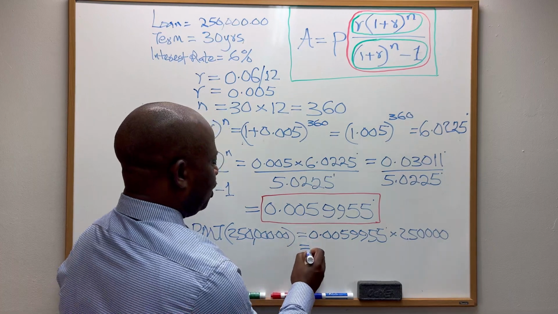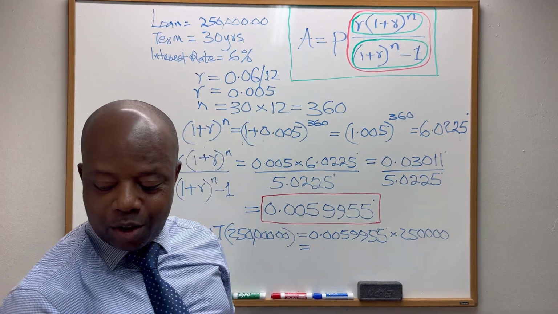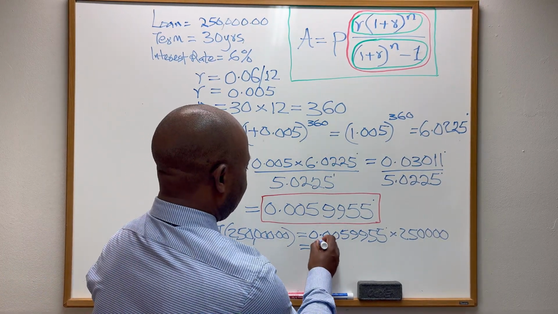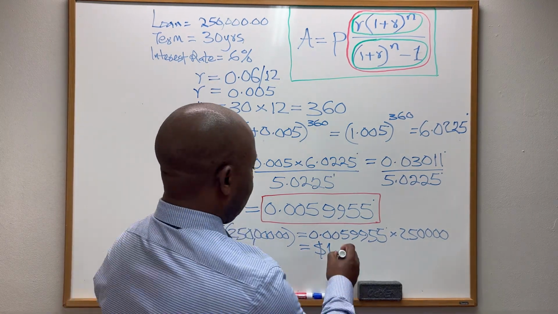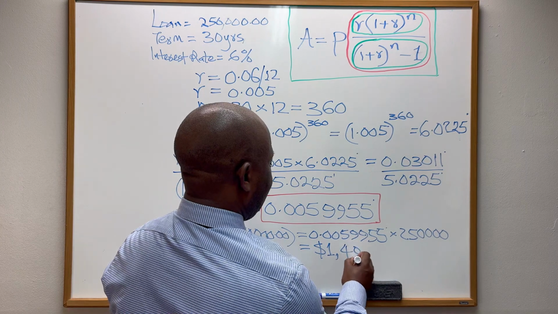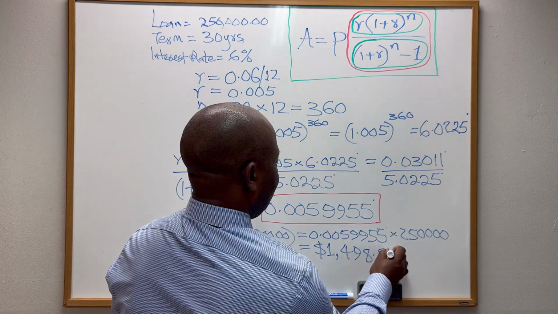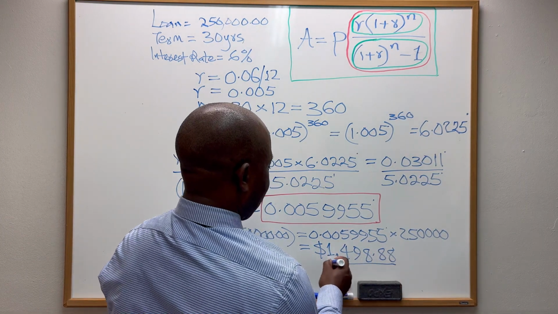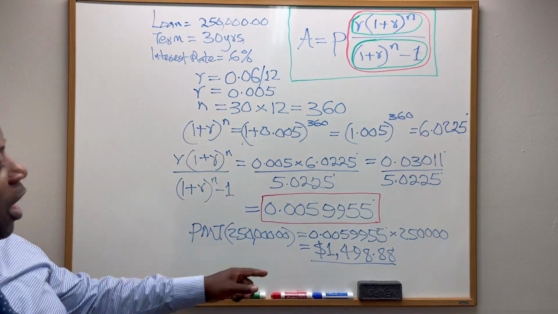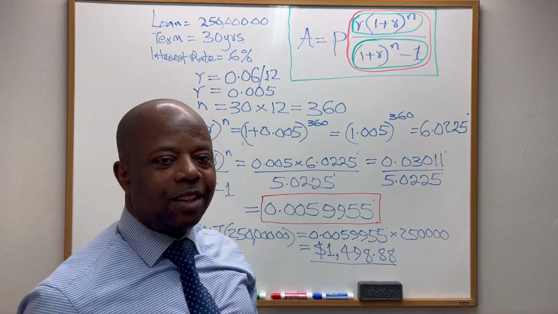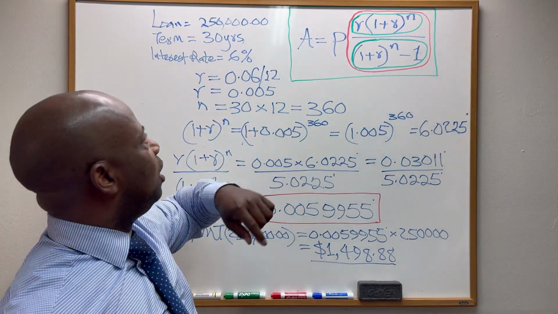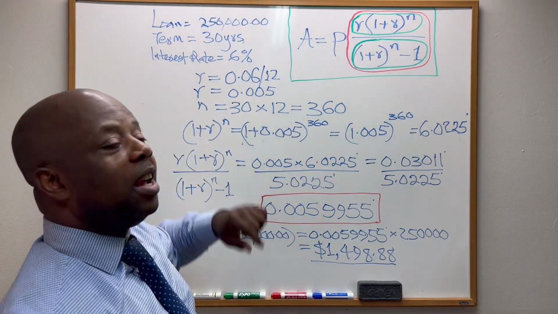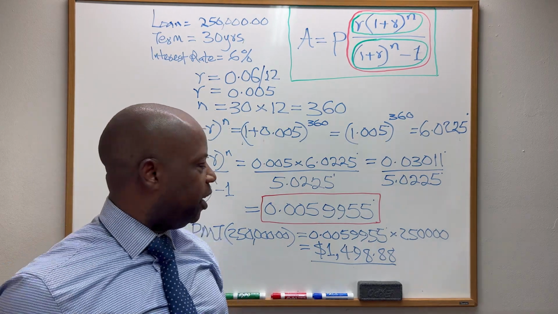When we do this calculation, it comes down to $1,498.88. So this will be the monthly mortgage payment for a $250,000 loan, 30-year term at 6% interest rate.